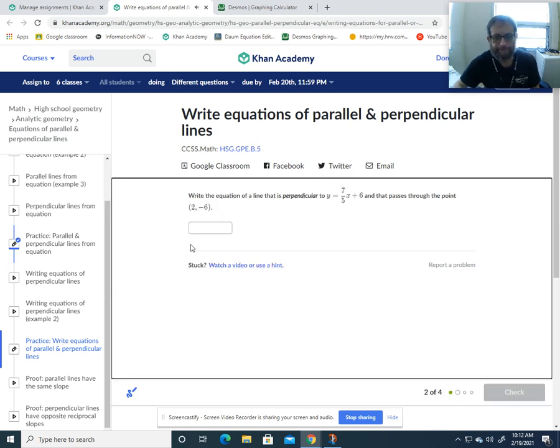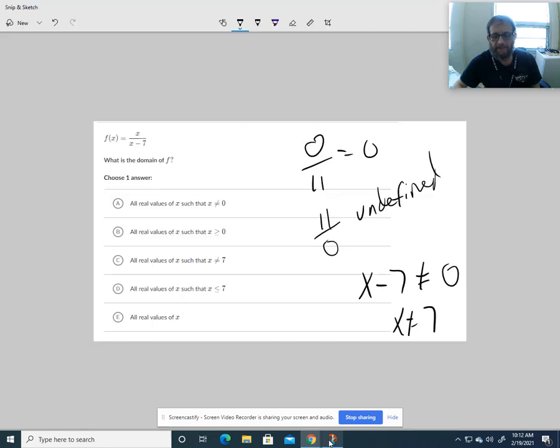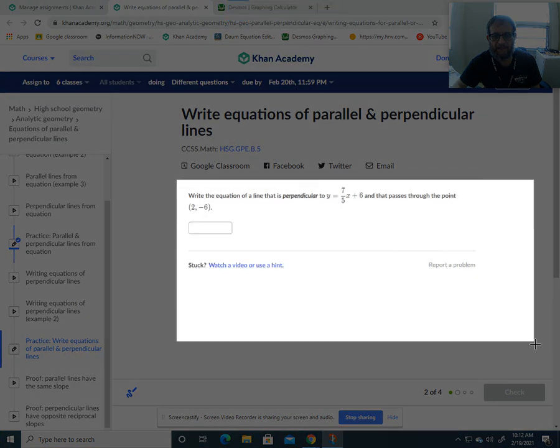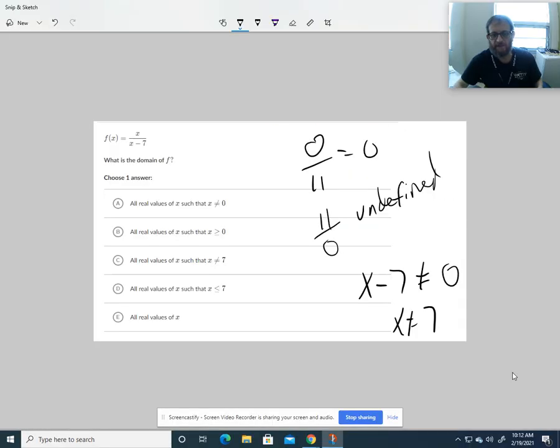Oh, this one's going to be harder. Write the equation of the line perpendicular to y equals 7/5 x plus 6 that passes through the point 2, -6. Now, you can go to Desmos and graph this, but it's really not necessary. The big key here is understanding the relationships between the slopes of perpendicular lines.